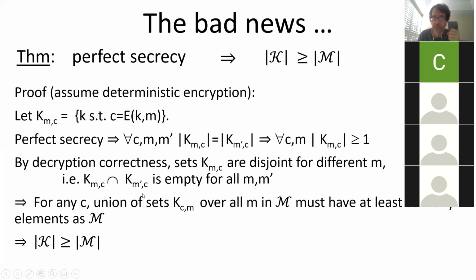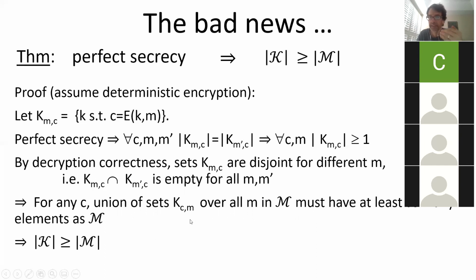All right. So for correctness, these spaces of keys have to be distinct. Therefore, these key sets partition the space of keys. And because they are non-intersecting, if I take their union over all M's in the message space, so I fix C and then vary over messages, each message gives me a set of keys, the set is non-empty, and for each message the set must be different because they cannot intersect.